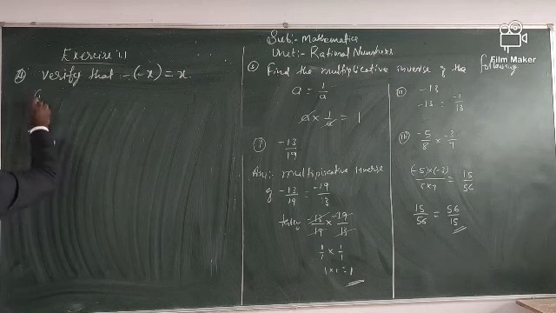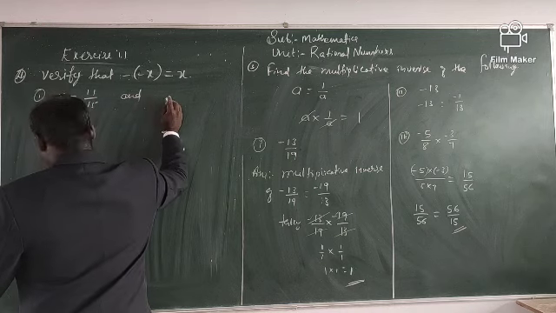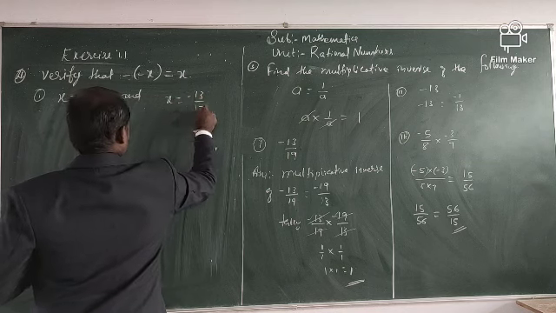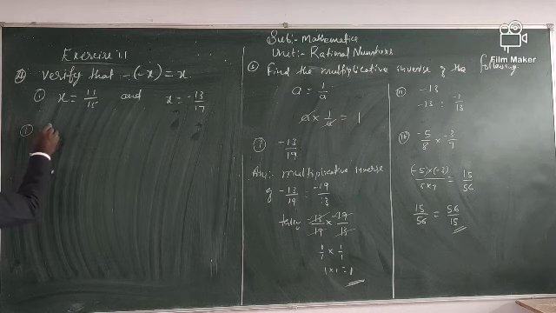The given values are, first, x equal to 11 by 15, and second, x equal to minus 13 by 70. Understand?